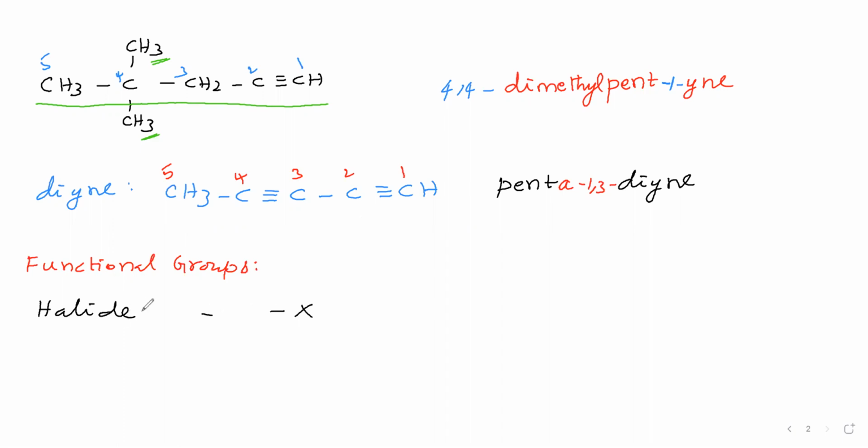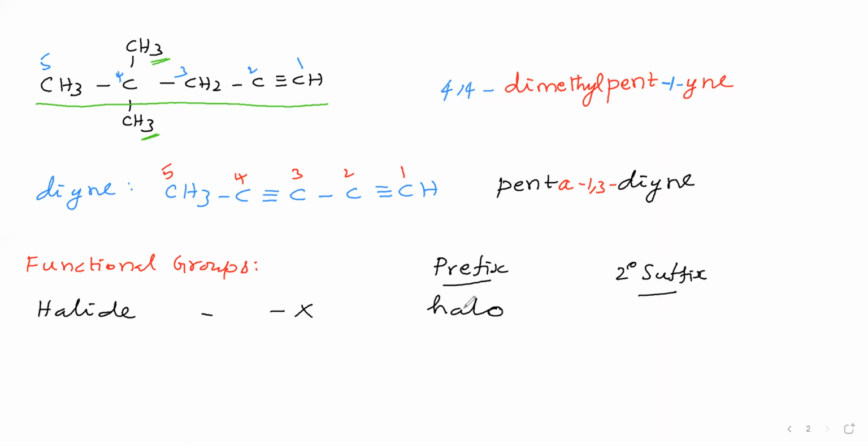Now this halide always comes under prefix in the IUPAC name. This halide will be called as a halo. If F is there, fluoro; Cl, chloro; Br, bromo; I, iodo. This halide never will be said as a secondary suffix in the IUPAC name.